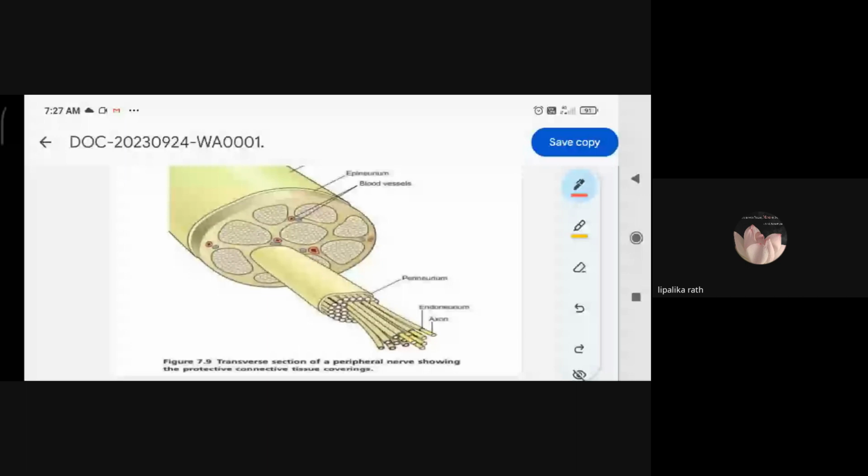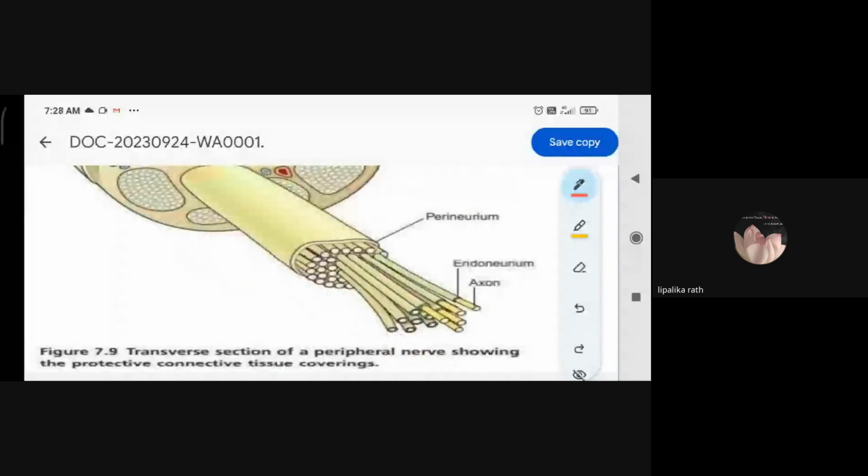Here, these are the single nerves. When a single nerve is covered by a tissue, that is endoneurium. When the bundle of nerves is covered, then it is perineurium.